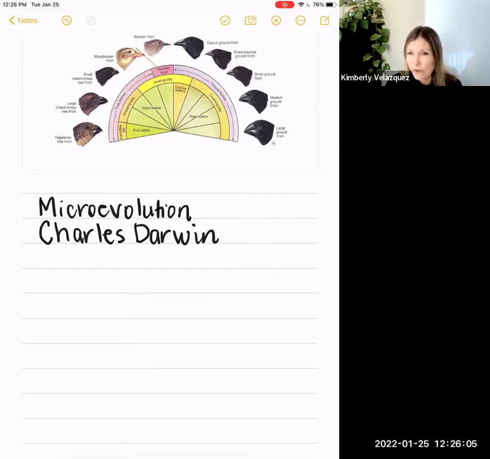In other words, they were very specialized to their environment. Their beak shape matched their food, whether they ate fruit or insects or seeds, and what size of insects and seeds that they ate was reflected in the size and shape of their beak. So these specializations to their environment were one of the really important observations that Charles Darwin made.